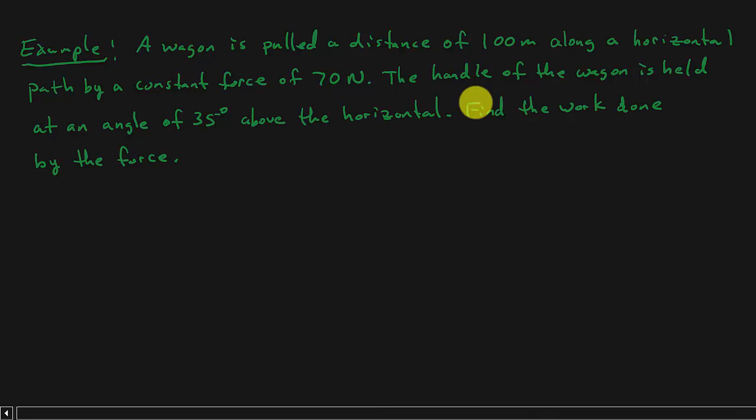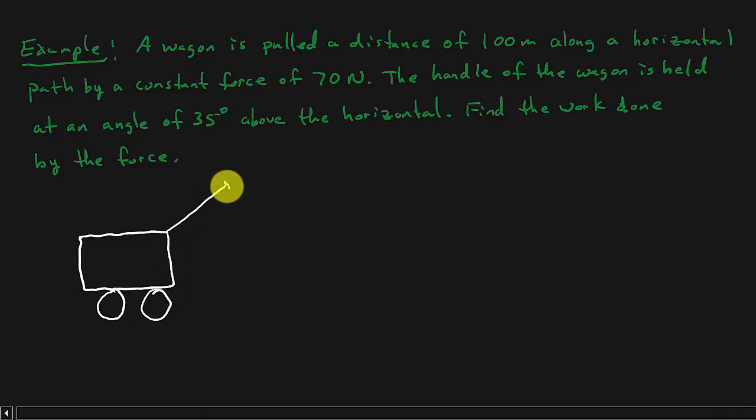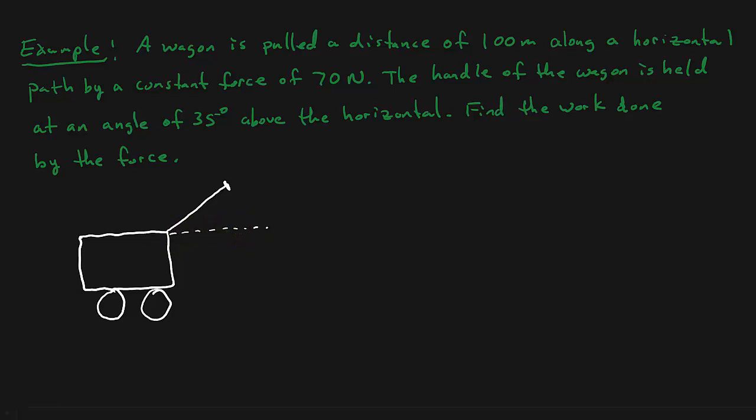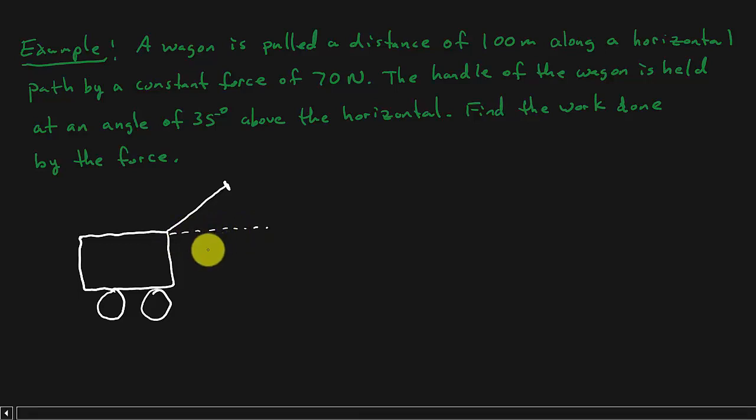All right, so let me draw my wagon. There we have a wagon. It's got a handle on it, and the wagon is moving in this direction. There's the force, and the angle between them is 35 degrees.